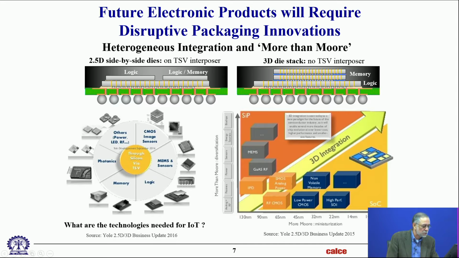SIP stands for system in package. This stands for system on chip. So here you're putting more and more functionality on the chip. You're putting more and more chips together to make up a package with more functionality. And again, you can see there's multi-technology here, RF, MEMS, and so on. Okay, power, CMOS, everything combined here. Digital, analog, everything. Okay, so that's what they're talking about as 3D integration.